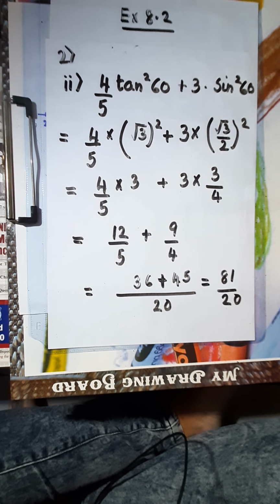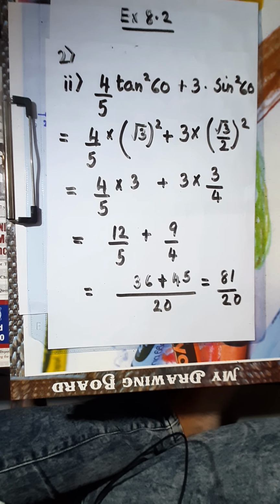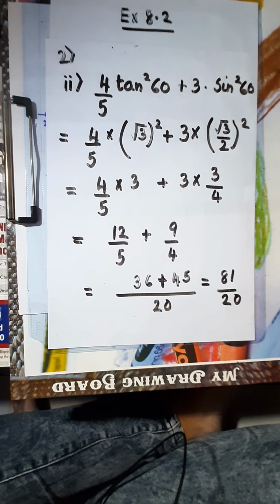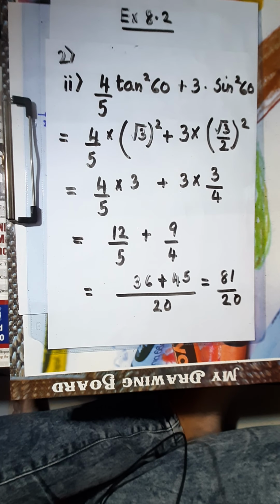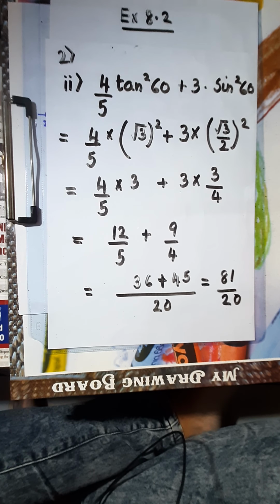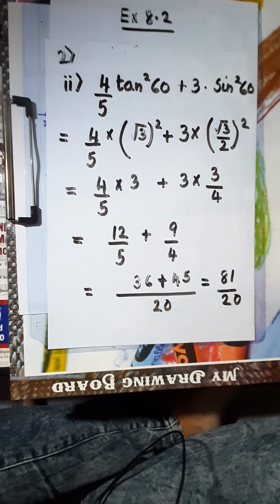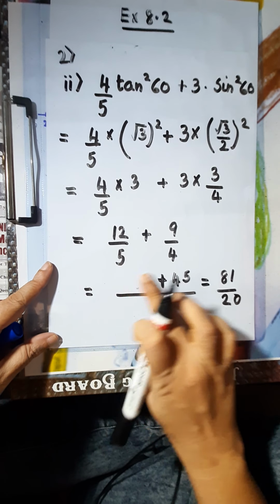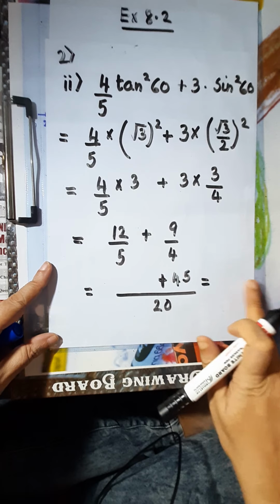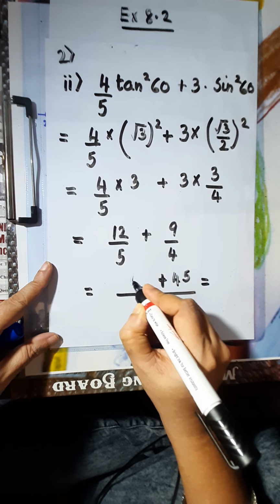It's 93 upon 20. Let me just check. Sorry. 12 fours are 48.